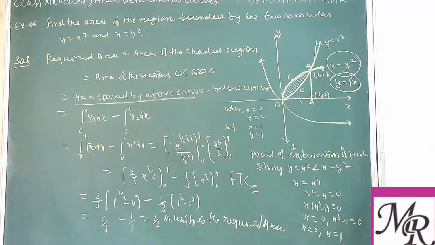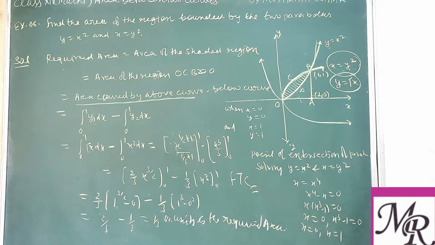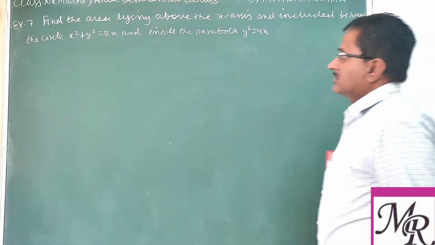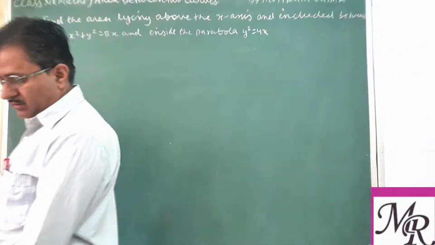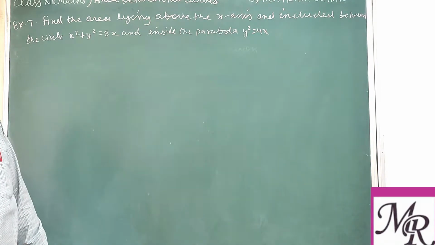So dear students, you can see here how we find the area, and this question is also very important. In many important examinations, this is asked. Let's say: find the area above the x-axis.